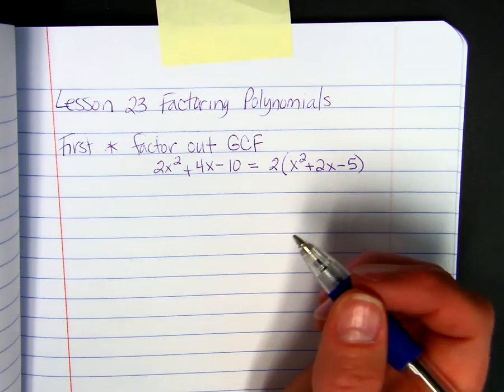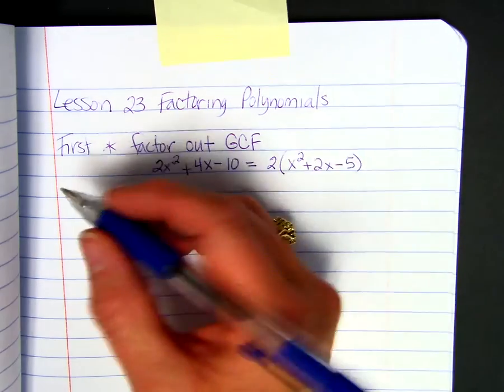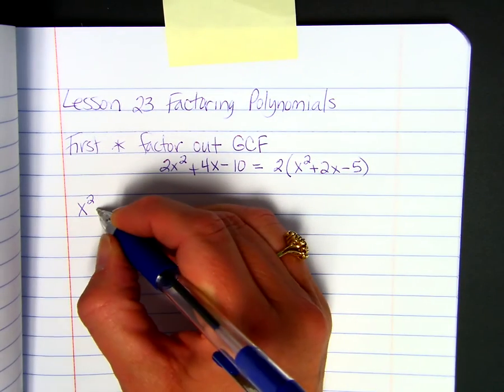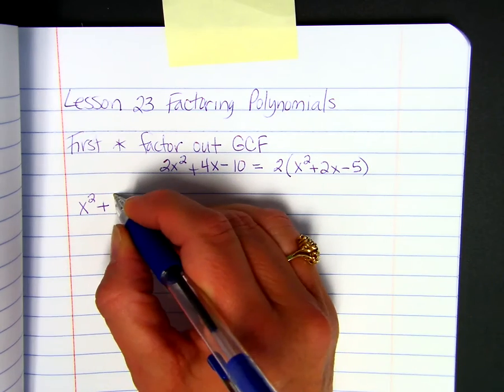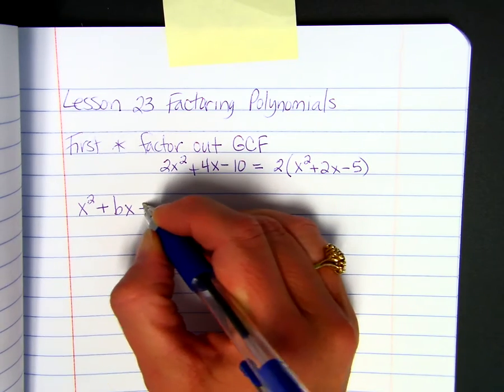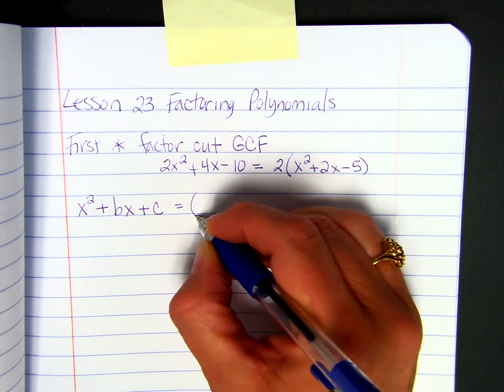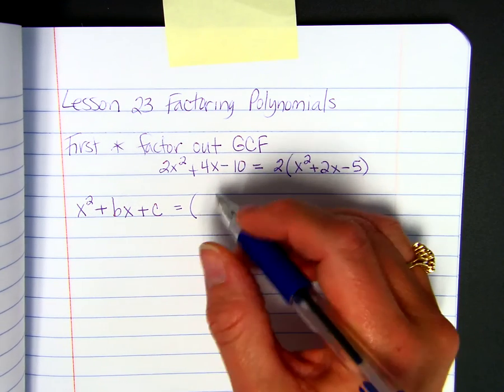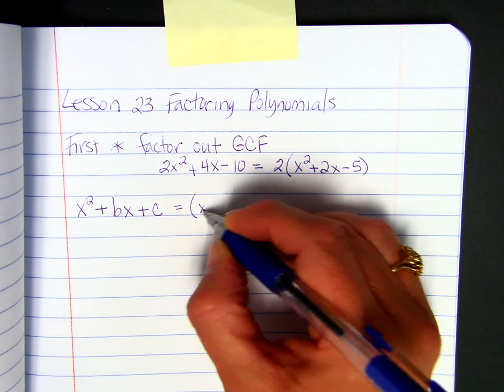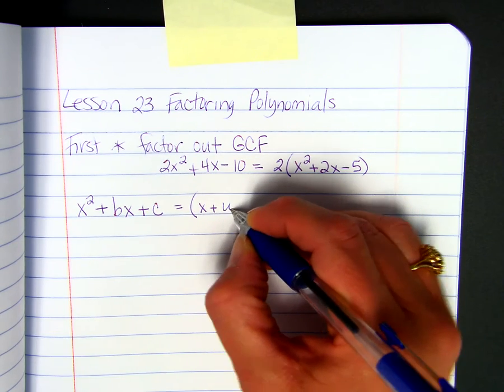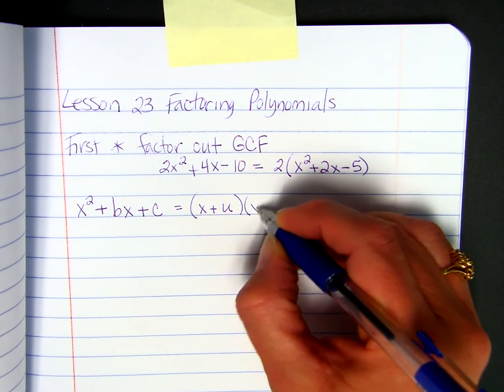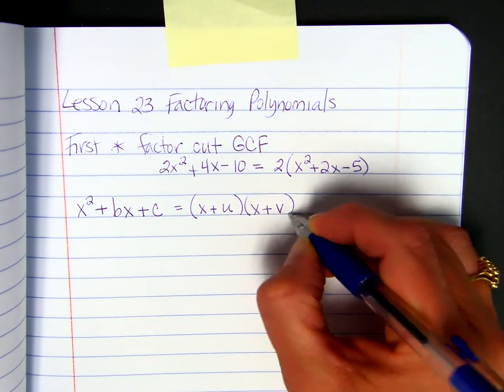So when we have x squared plus bx plus c, when we factor it, we're going to get x plus u times x plus v.